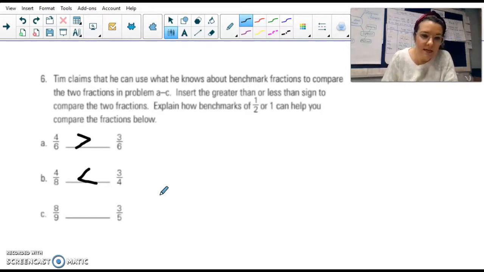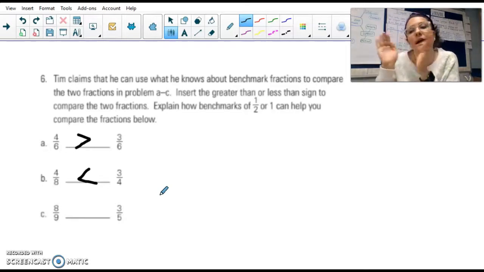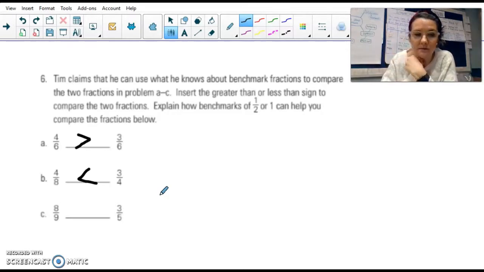For C, 8/9 and 3/5. So I'm really going to have to think of the size of the fractional pieces. So if I go back to my thinking of brownies, and I cut a brownie into 9 equal pieces, then I have a second brownie that I cut into 5 equal pieces.